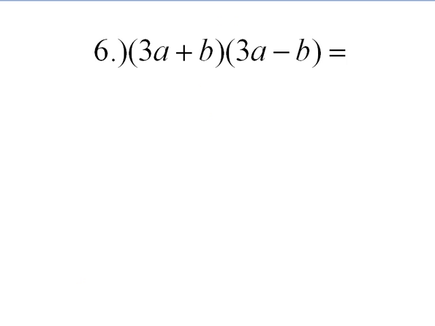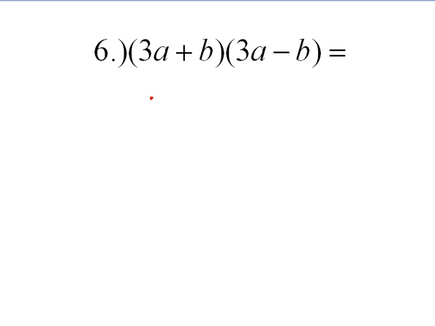Okay, here we have two binomials. Well, what do you notice? Take a look at them. We have 3a plus b and 3a minus b. This is the difference of squares. You should recognize it.